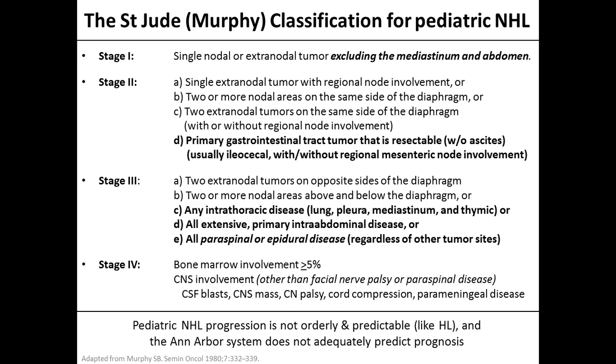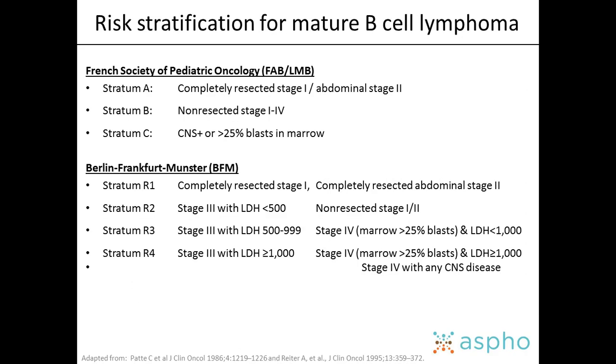So it can be CSF blast, a CNS mass, cranial nerve palsy, cord compression, or parameningeal disease. So in non-Hodgkin lymphoma, the progression is not orderly and predictable like Hodgkin lymphoma, and that's why we use the St. Jude or Murphy staging and not the Ann Arbor classification.